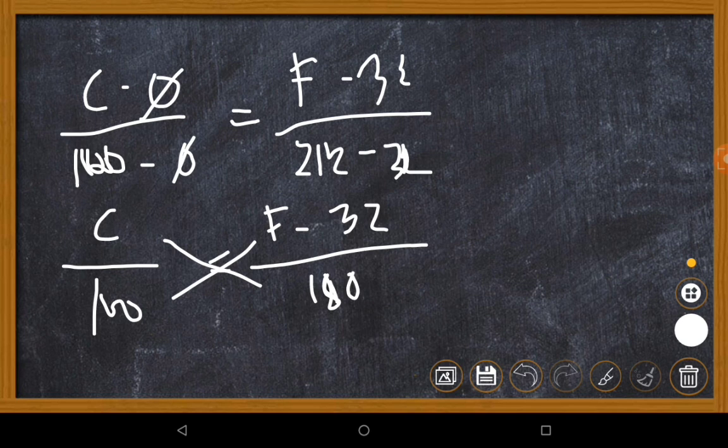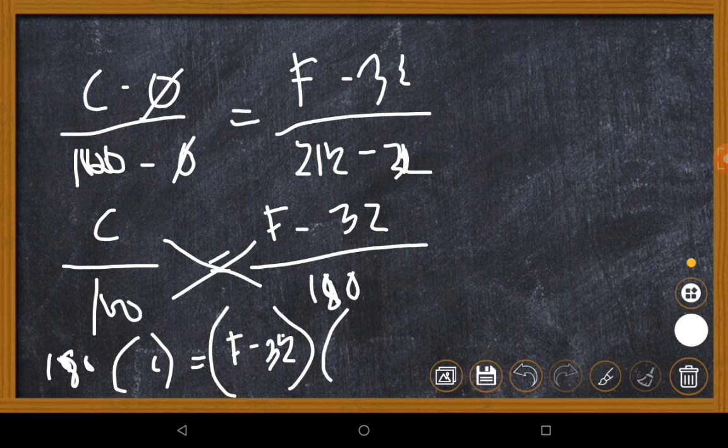What's next will be 180 times Celsius is equal to Fahrenheit minus 32 multiplied by 100.